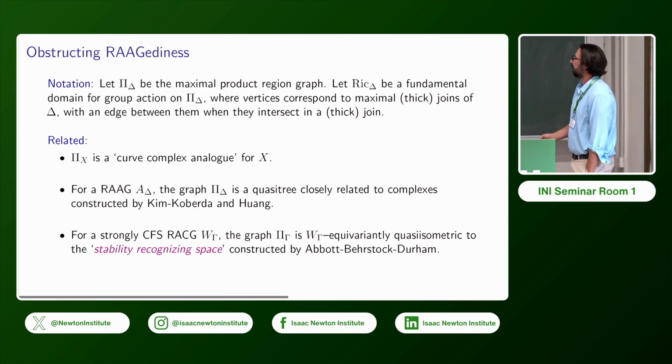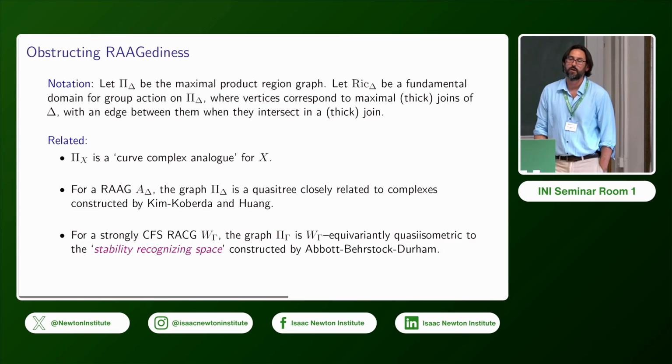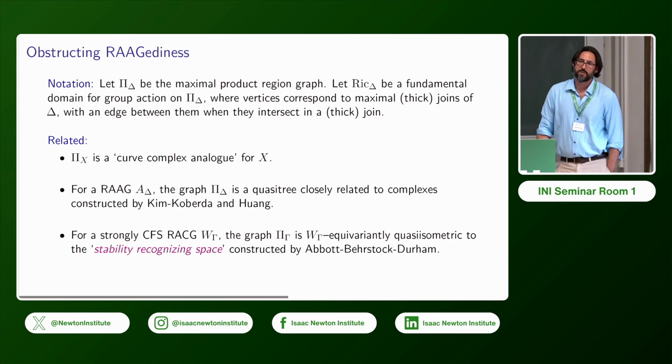And so, okay, I didn't tell you what CFS means, so I won't tell you what strongly CFS means. But for nice enough Coxeter groups, this maximal product region graph that we have is equivariantly quasi-symmetric to the space that Abbott, Baerstock, and Durham made. So then you might say, why don't we just use their space instead of a new space?